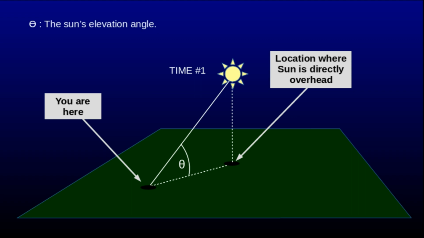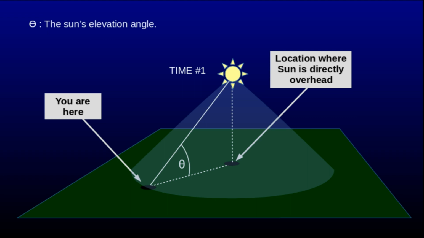Now we have a triangle, and if we look at the sun rays that fall in and hit the earth at an angle theta for this specific position of the sun, then all those sun rays with an angle theta lie in the shape of a cone. And where they hit the earth lie in a perfect circle.